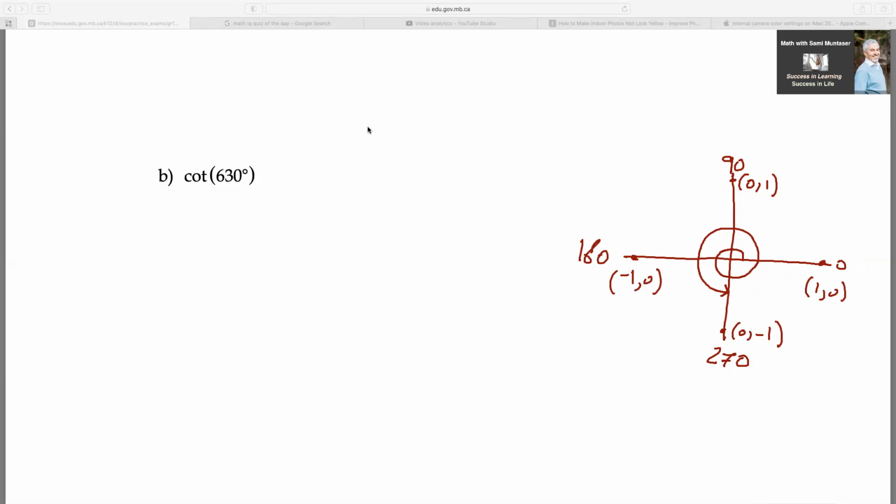Now tan equals y over x, so the cotangent will be x over y. Therefore, x over y will be 0 over negative 1, which gives you 0, because these are the coordinates: this is the x and this is the y value there. So cotangent 630 will be 0. All right, let's move on to the next question.